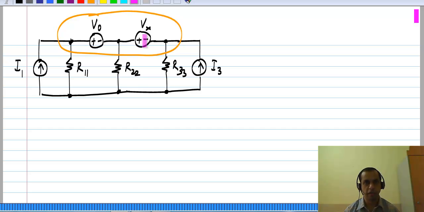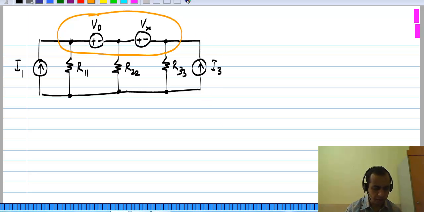In general, it could have multiple nodes, because if you have voltage sources connected in such a way between nodes, then you have to form a supernode with more than two nodes, and that's okay. So you still write KCL equations for the entire supernode. On the left hand side, you will have currents through resistors coming out of the supernode, and on the right hand side, you will have the total current injected into the supernode, I1 plus I3.